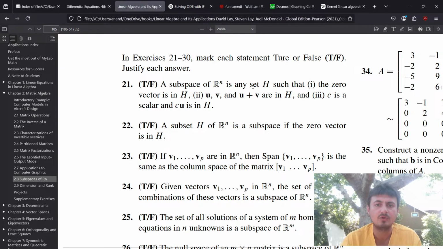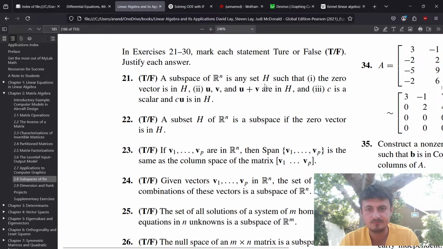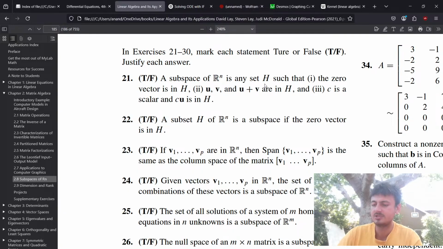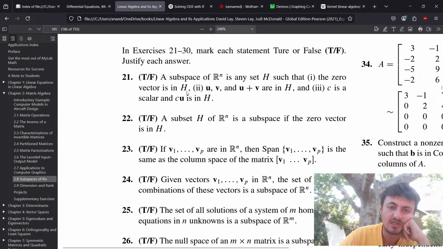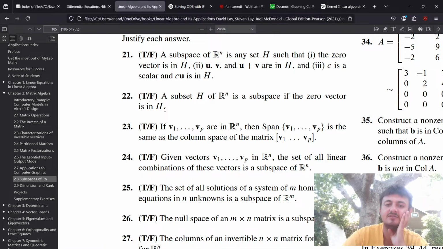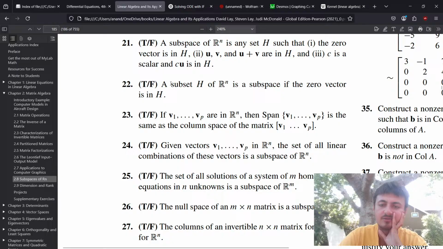If they were to get rid of Rn, then a subspace is any set H such that the zero vector is in H and so on. So I'm going to put false on that one. They always try to trick you on these true false ones. So this is false. 22: a subset H of Rn is a subspace. Again, this is obviously false because it needs closure under addition and scalar multiplication.